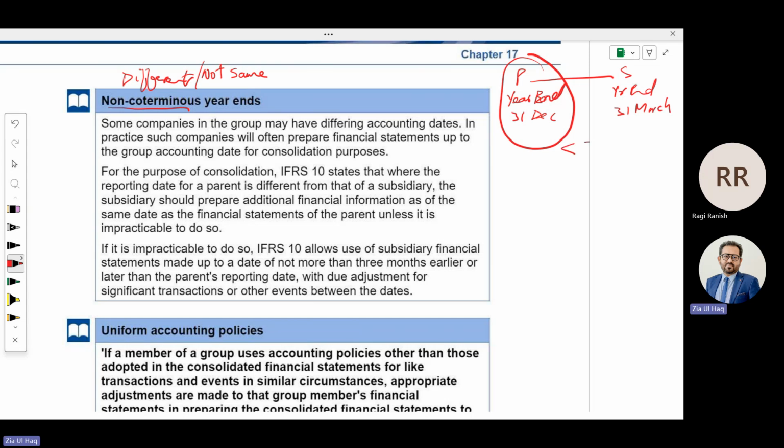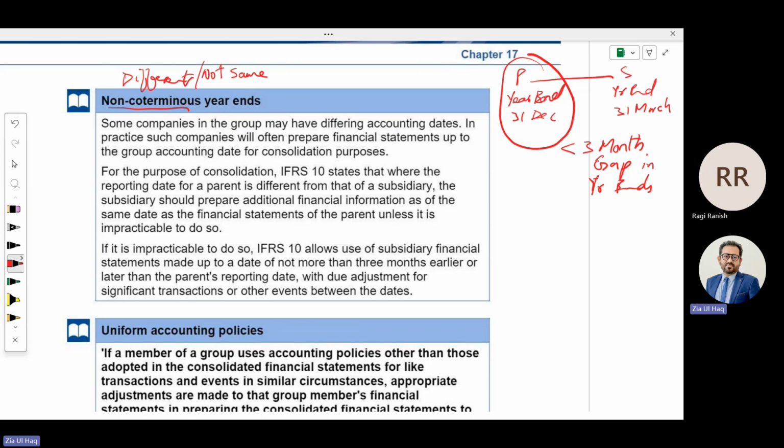It should be a gap of less than 3 months in year ends. In that case, due to different year end, you can prepare consolidation at the parent company year end, even if the subsidiary year end is different.